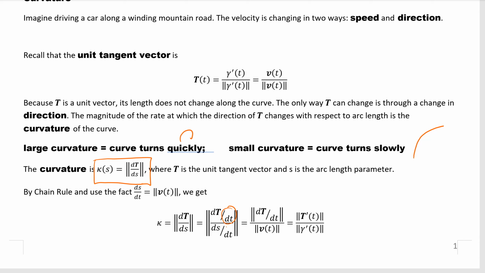Because of the chain rule, we can insert dt in the denominator for both the numerator and the denominator, and then separate them. Now the top is the derivative of the unit tangent vector with respect to time, and the bottom is the speed, that is the length of the tangent vector. So this is the magnitude of T prime of t over the magnitude of r prime of t.